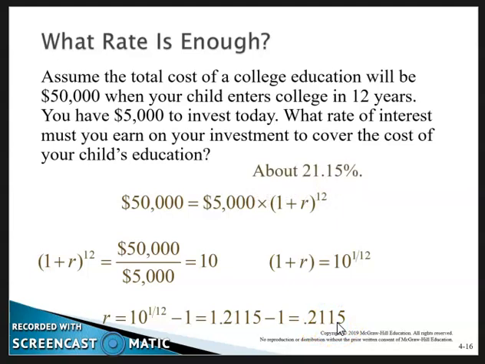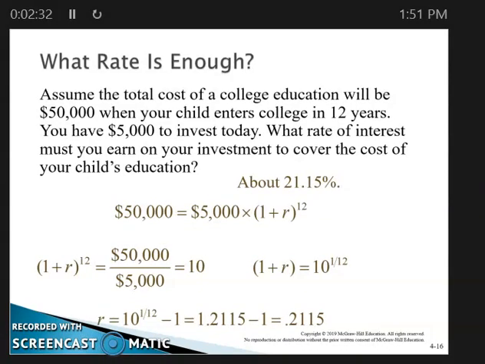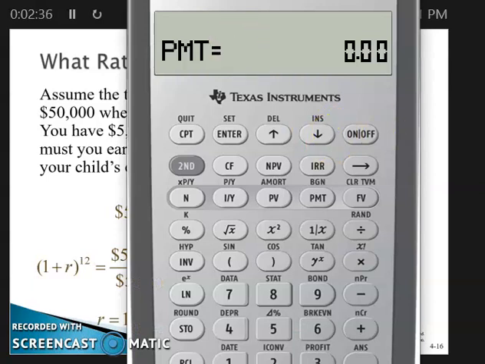So you're perfectly welcome to do the calculations in this manner. Again, it's much easier to do it on the calculator, so let's see how that's done. In our case, we've got 12 years, so 12 N, and we've got $5,000 as our initial investment, so it's 5,000, entered as a negative.